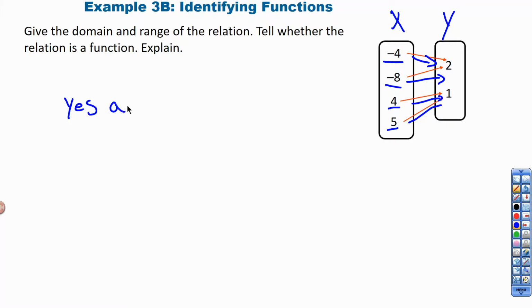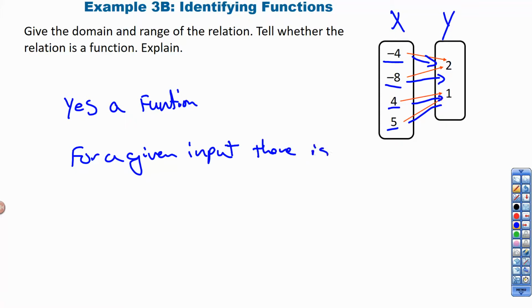Because for a given input, there is only one output.